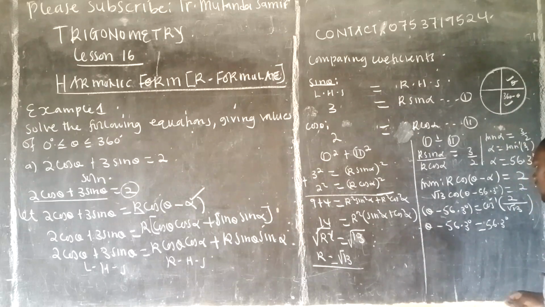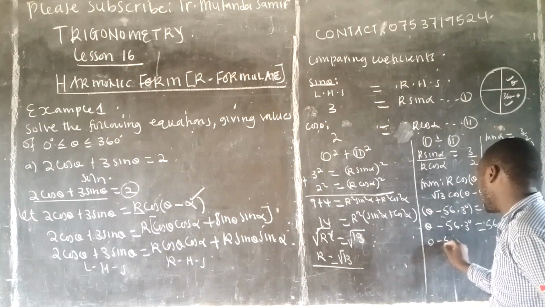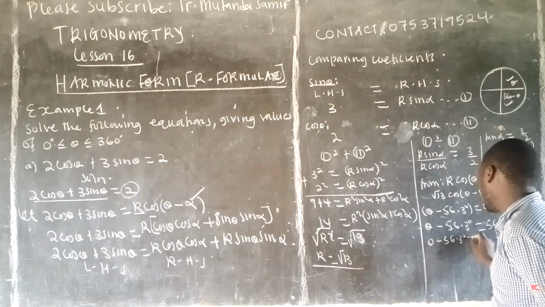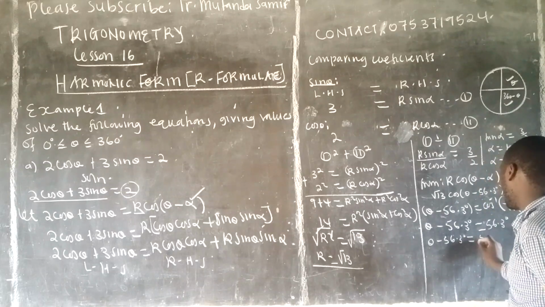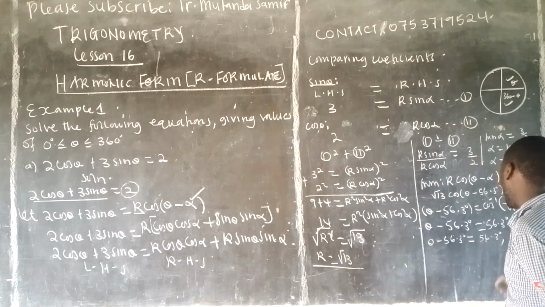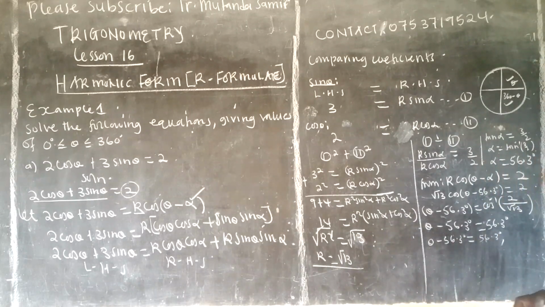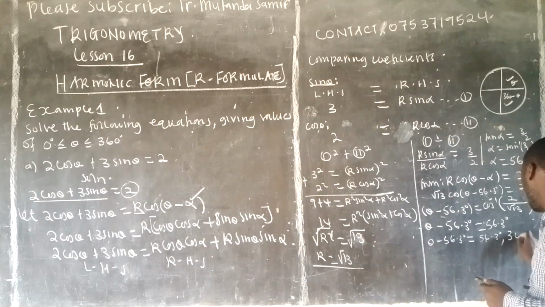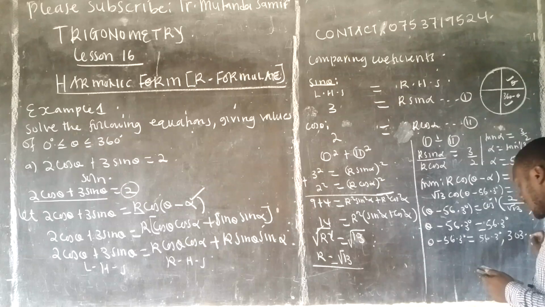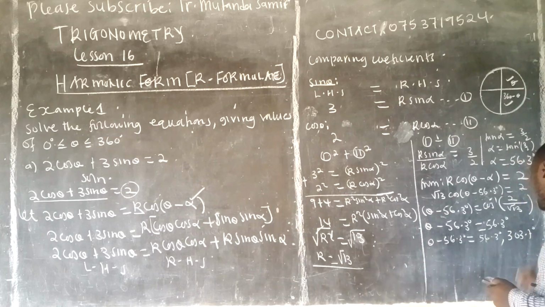So therefore, our answer will be theta minus 56.3 degrees is equal to 56.3 degrees, comma, then here 360 minus that answer. So 360 minus that answer, which is 303.7 degrees. That's what I'm having.